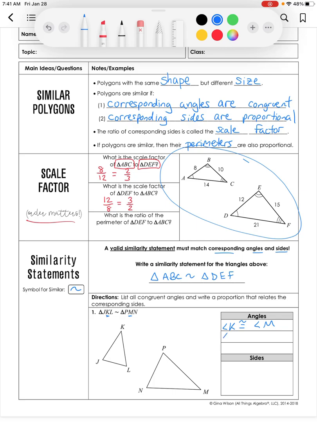Next up, angle J, that would be congruent maybe to angle, let's see, P, because you see that they're both in the front. And I'm doing the congruent signs because the angles are equal. And lastly, angle L would be congruent to angle N.